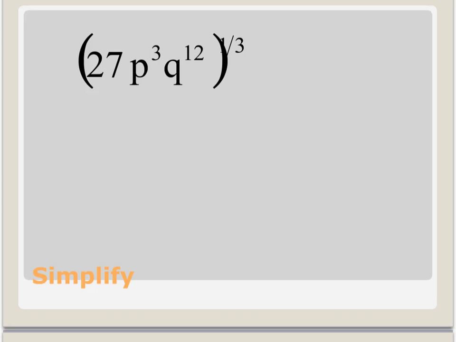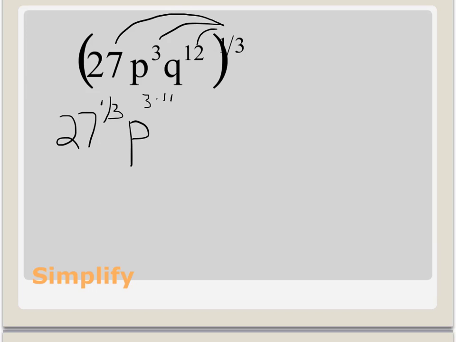Okay, so we have multiplication inside, power to a power, so I distribute that 1/3. So I get 27 to the 1/3 power. I get p to the 3 times 1/3. I get q to the 12th times 1/3.